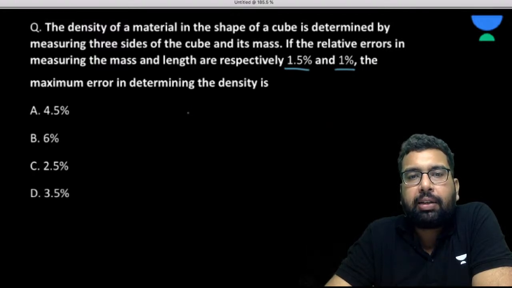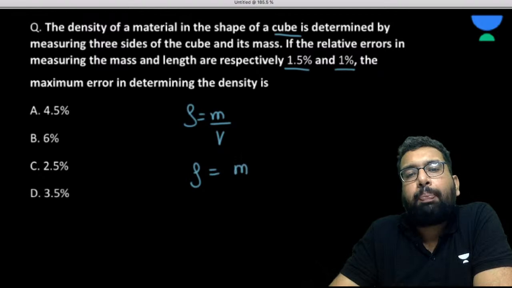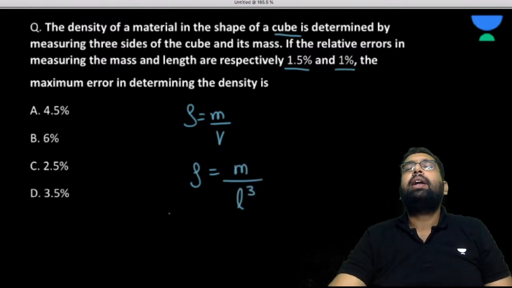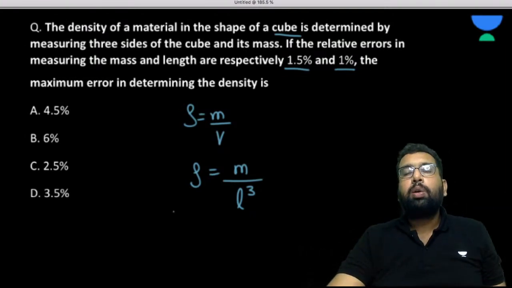So what is density, sir? Density is mass per unit volume. This is a cube, so can I write density is equal to mass upon volume. If the length of the side of the cube is L, can I write the volume of the cube as L cube?